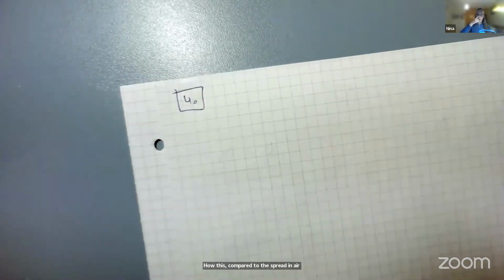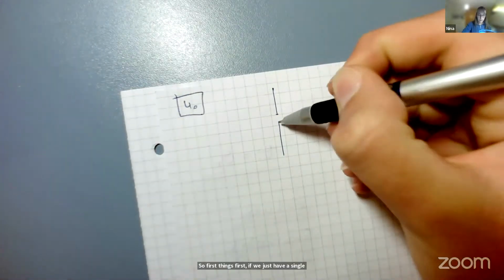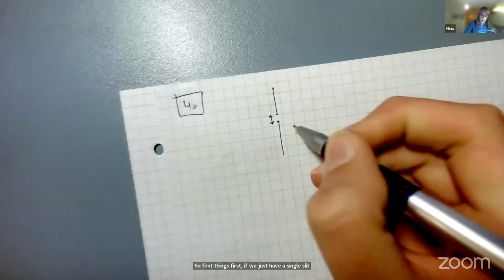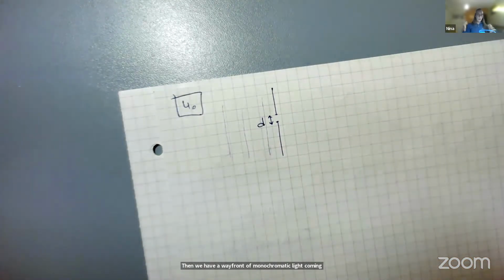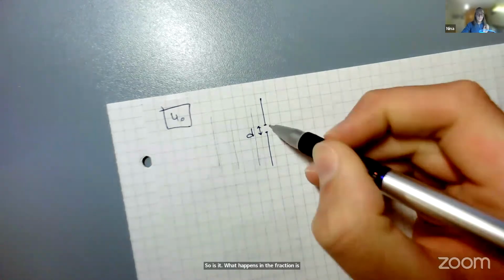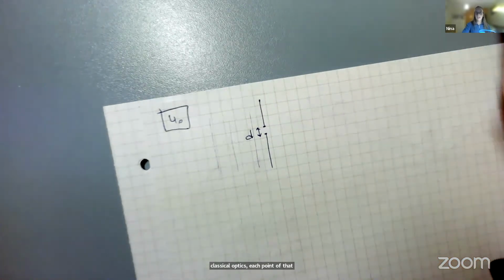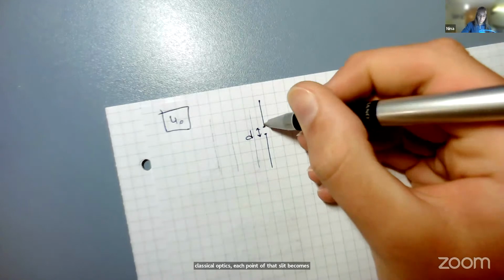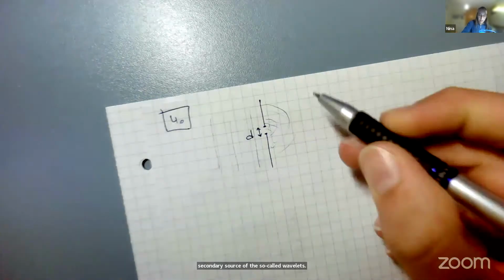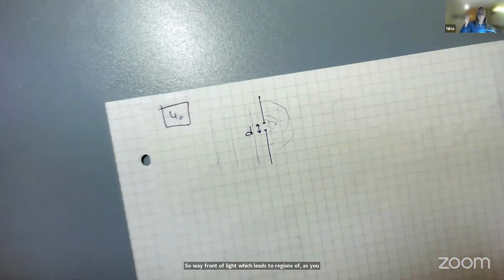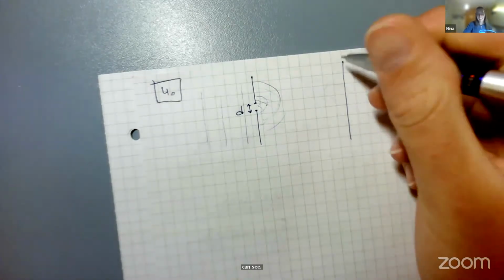So, first things first, if we just have a single slit, and let's say the single slit is of thickness D, and we have a wavefront of monochromatic light coming towards it, what happens in diffraction is that in classical optics, each point of that slit becomes a secondary source of the so-called wavelets, so wavefronts of light, which leads to regions of, as you can see, constructive interference and destructive one.